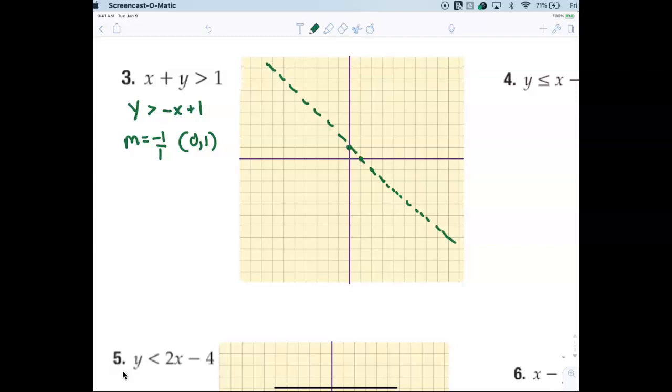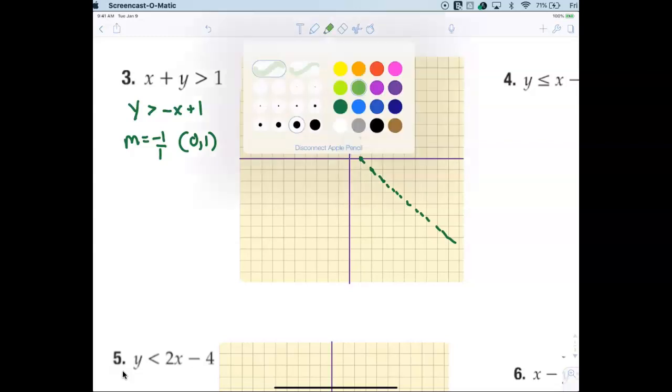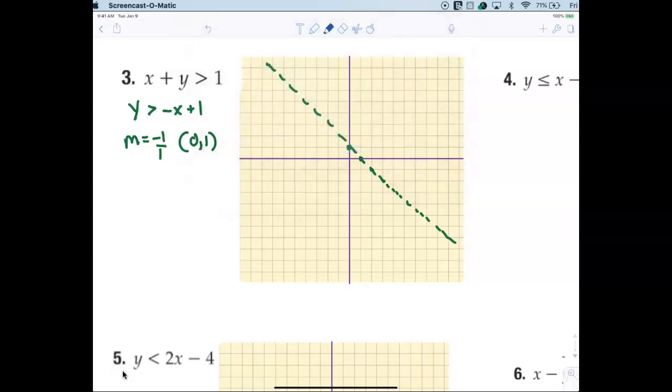And then we're going to shade where? Greater than, that's what I'm trying to tell you. Greater than is above. Less than is below. I am above up here. Everybody agree with me? Anybody have any issues?